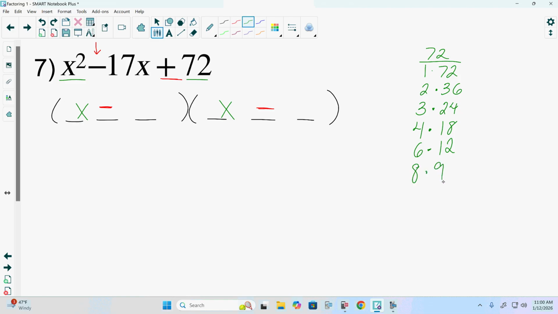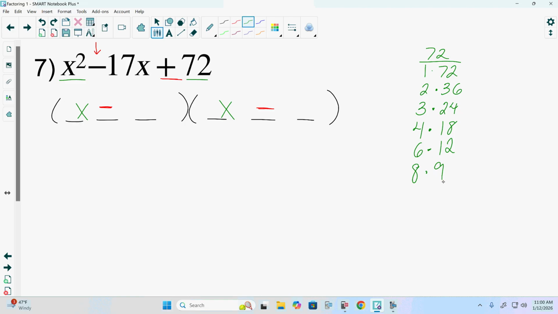But then we do have 8 and 9. Now I know to stop at 8 and 9 because the next possible factor after 8 is 9, and it's already listed.